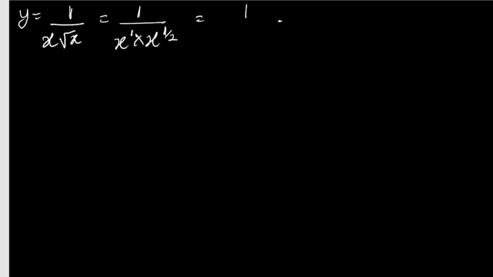All right, so let's now assume we have y equal to 1 over x square root of x. You can pause this video and try this yourself. Now let's see. This can be written as 1 over x raised to power 1 multiplied by x raised to power 1 over 2. You can see they have the same base, so you just add up their powers because they are being multiplied.